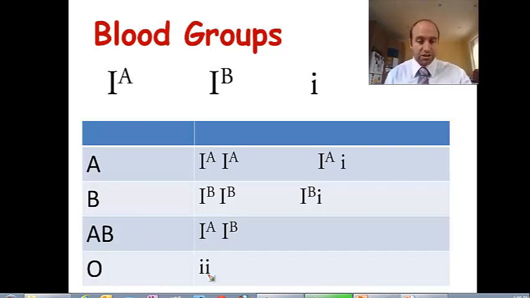And our final situation is where we have two of the recessive alleles and we have blood group O being expressed.